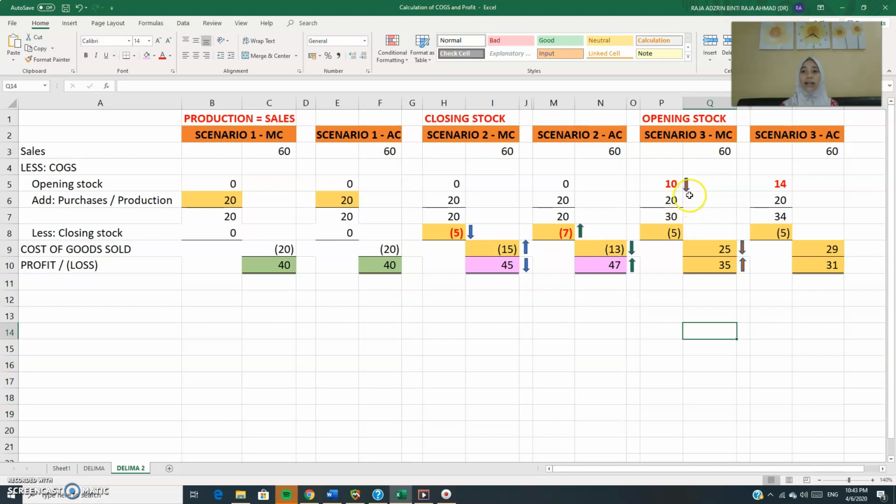I just want to highlight the effect on your opening stock. Let's say you have an opening stock of 10, so your opening stock is valued lower under MC. What's the effect on your cost of goods sold? Your cost of goods sold will be lower and thus your profit will be higher.